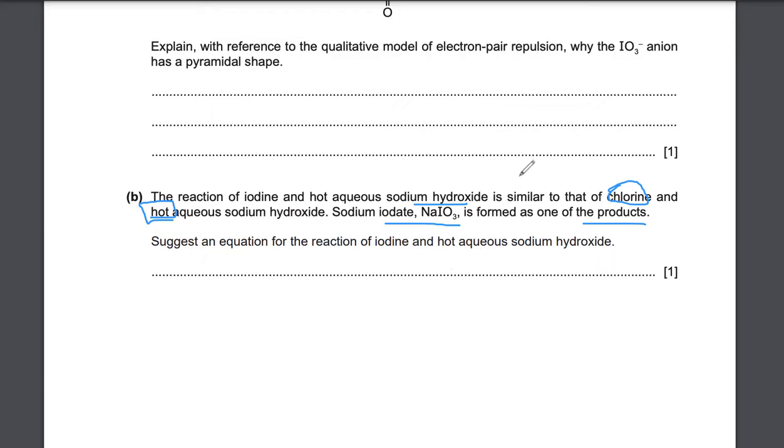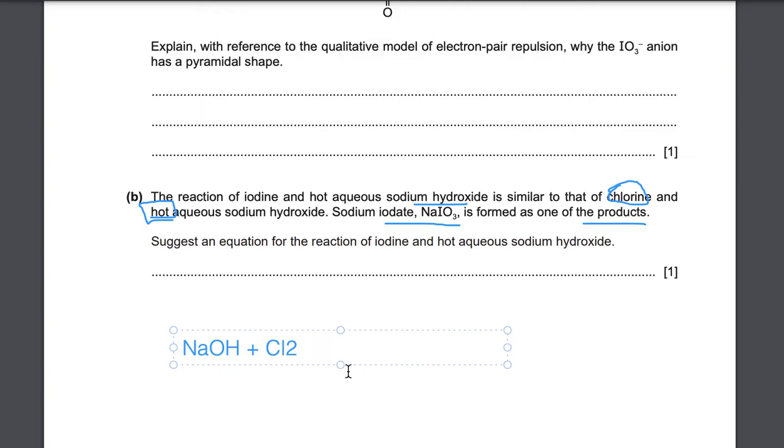Okay, so firstly we know the reactions of chlorine and aqueous sodium hydroxide, be it hot or cold, but over here it's written hot. So let me write the reaction. So it's NaOH plus Cl2. Chlorine is a diatomic molecule, so it will exist as a Cl2 molecule.